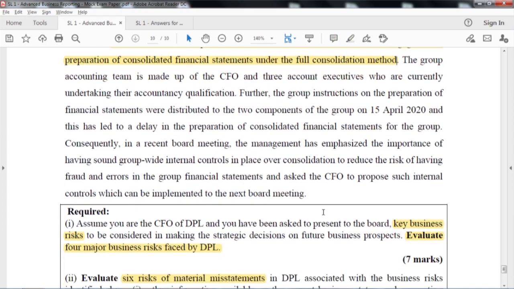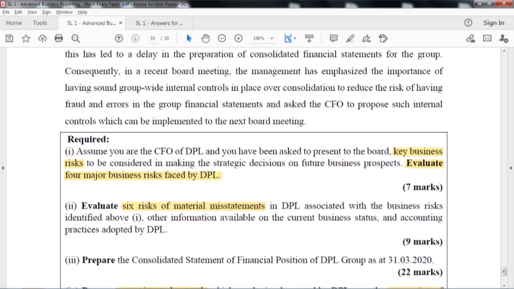Now, we have to be mindful when they ask us the risk of material misstatement of the DPL associate. Ideally, the examiner in this paper should mention that you are looking at risk in the consolidated financial statements. That is a very important thing they have to mention.